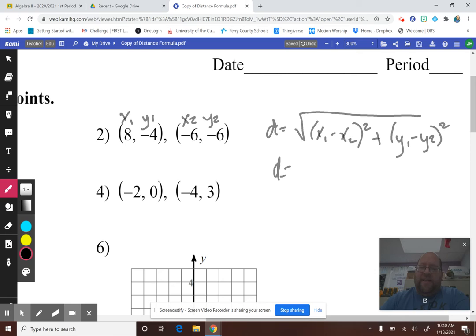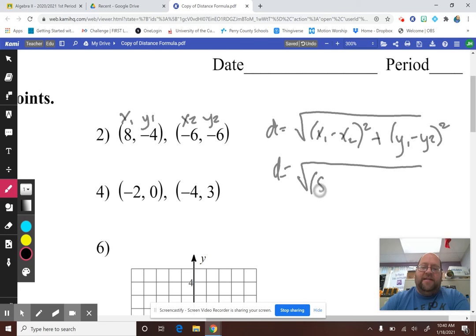So let's take D equals, and I'm going to go ahead and fill in what I know, okay? So I'm going to keep my square root symbol. And so x1 is 8, x2 is -6. Now here's the thing you need to remember. These negative signs are part of your formula, okay? So those need to be there no matter what. So here we go.